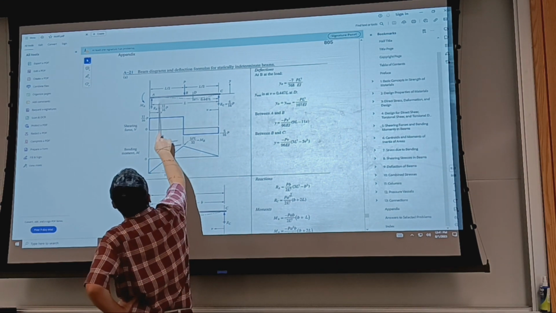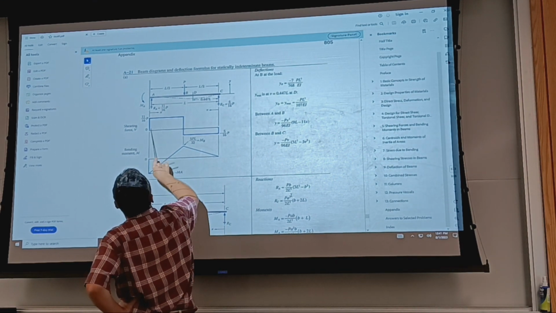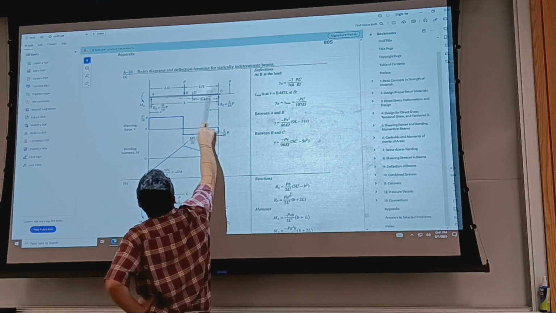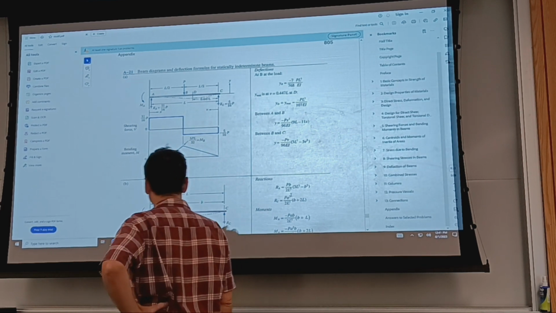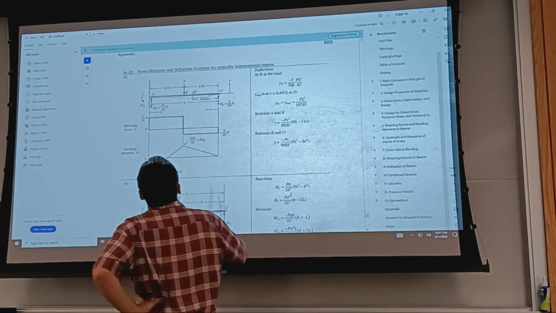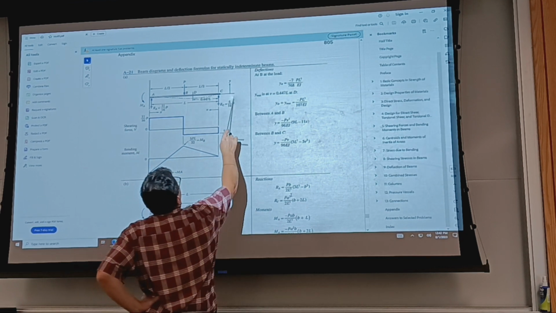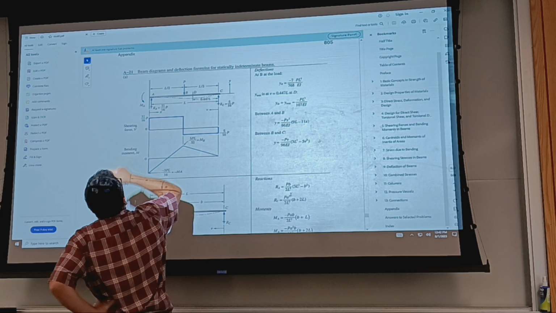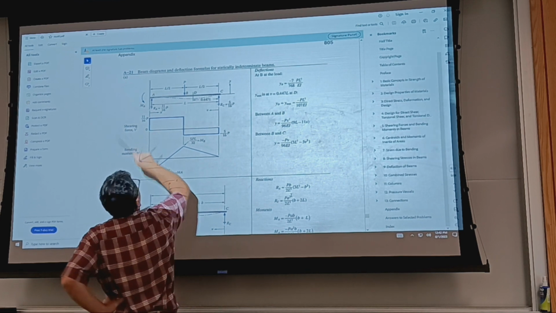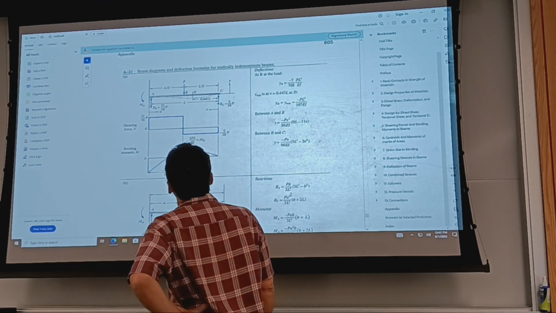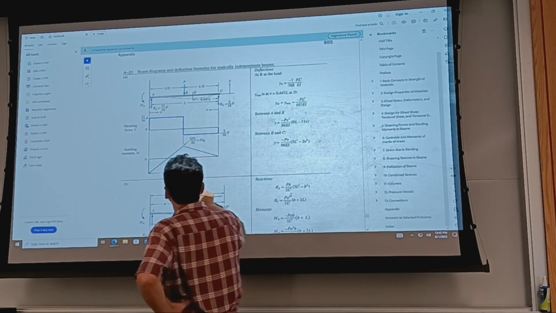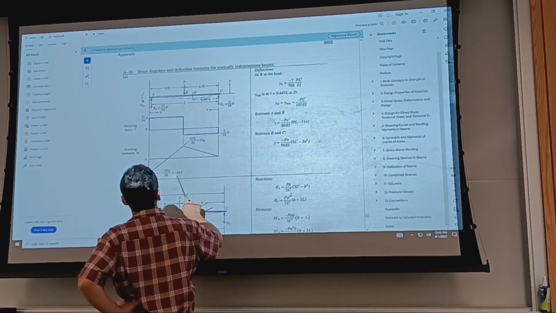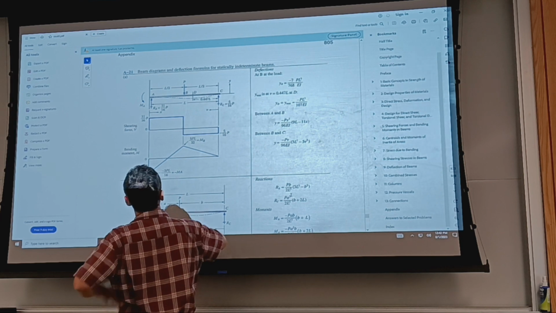So we know this is the jump by 11 over 16 of P. P is at half distance between the free end and where the support is, and then the drop by P. And then for the moment, what is MA? Okay, it shows here. This is a typo.